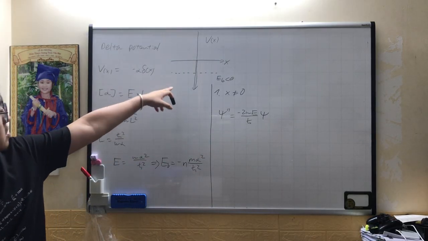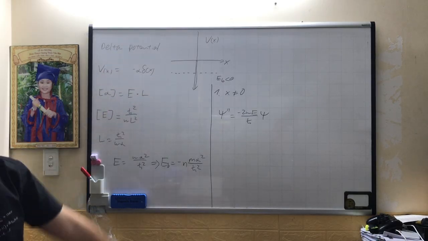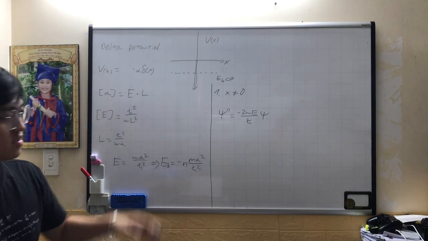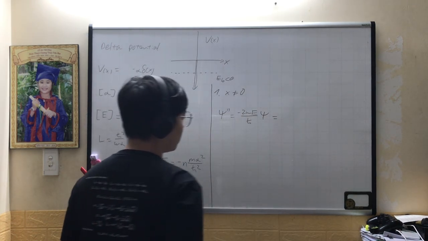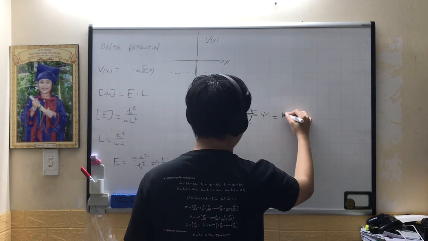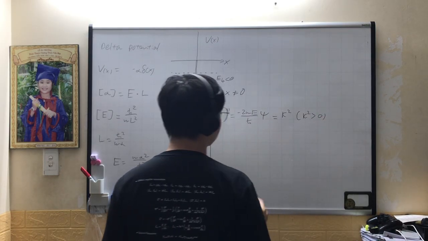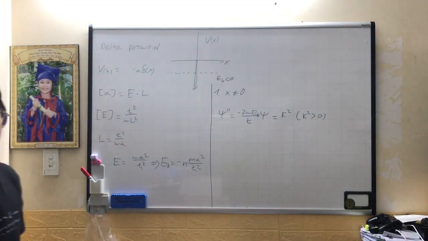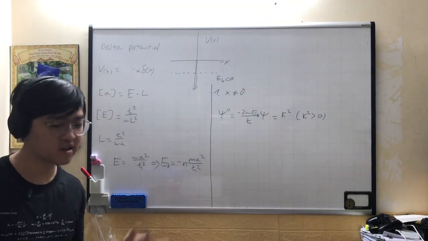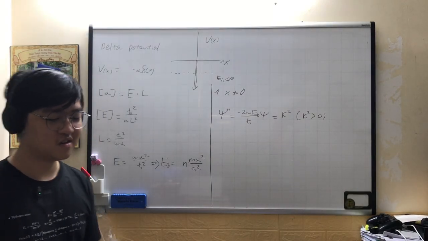We do not consider inside, at x equals 0, therefore it's just like that. And instead of minus k squared, now we're just gonna take a kappa squared, and this kappa squared is greater than 0 because we're considering the bound state energy. And the bound state energy is of course negative. And negative is equal to positive.